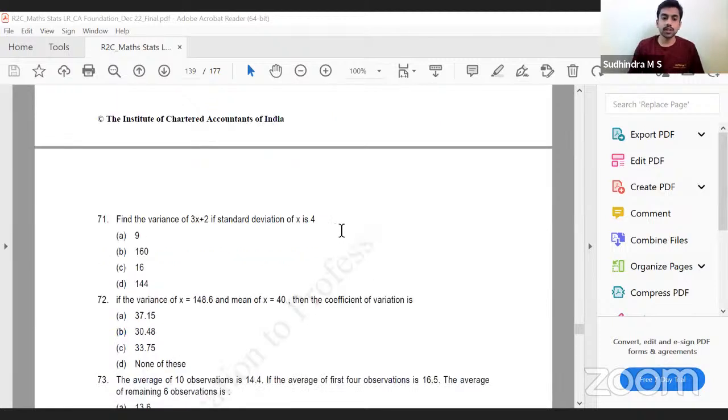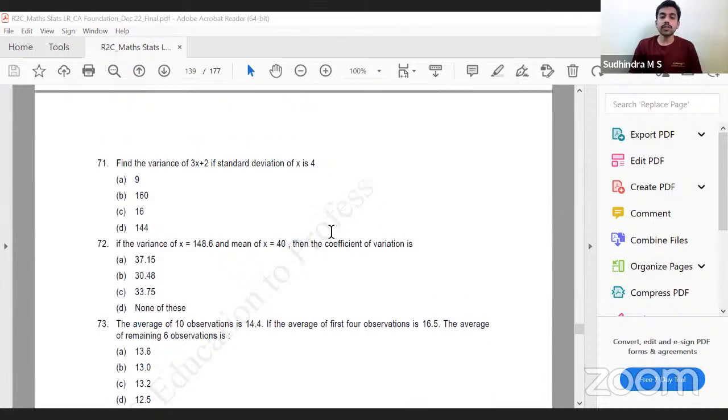Next question, question number 73. Average of 10 observations is 14.4. Average of first 4 observations is 16.5.